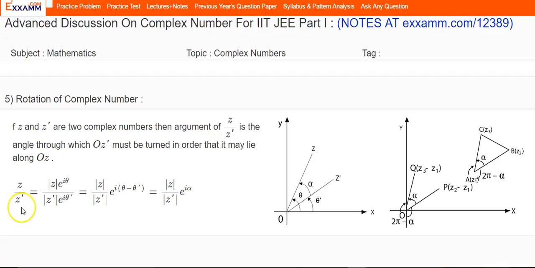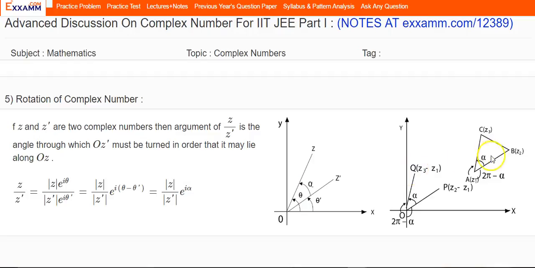So we have just substituted the value of z and z dash here, nothing new. We can also write it as modulus of z upon modulus of z dash e to the power i theta minus theta dash, that is equal to e to the power i alpha, because as is obvious from this diagram and by definition, theta minus theta dash has been defined to be equal to alpha. This was a simple case.